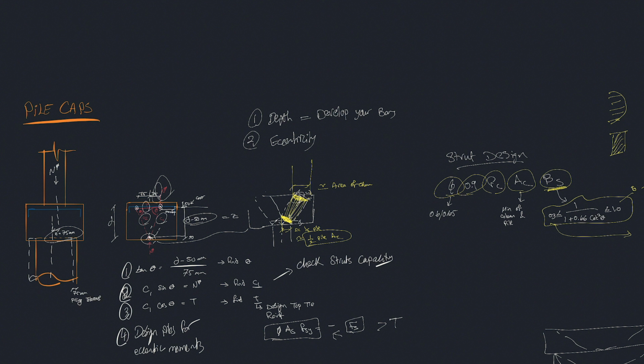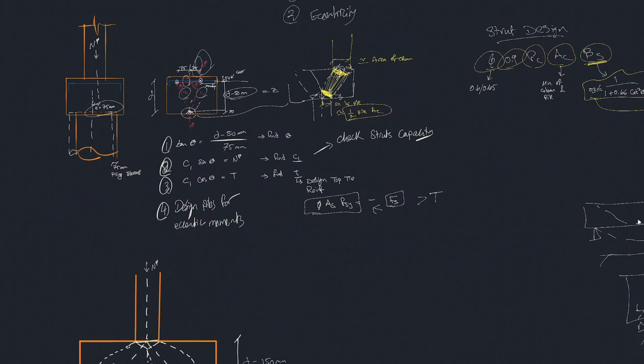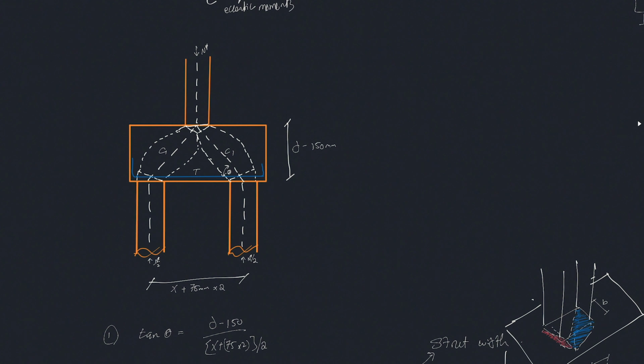We worked out our angles and we calculated the compression and tension forces of our truss members. Then we checked our struts for compression capacity, and we provided sufficient reinforcement for our ties. And the last thing that we did is we specified the eccentric moments on the pile and we designed it as a column.